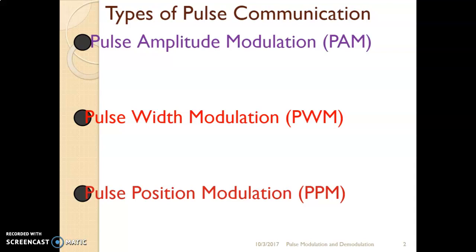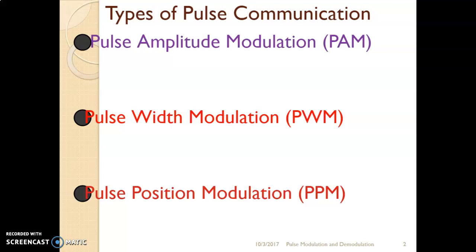Similar to that, in pulse communication our carrier signal is in the form of pulses, but our modulating signal is still in the form of a sine wave, and that is why pulse modulation techniques like PAM, PWM, PPM come under the category of analog modulation technique. How do we define whether a modulation technique is analog or digital?